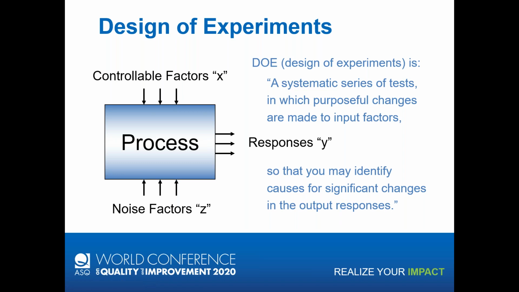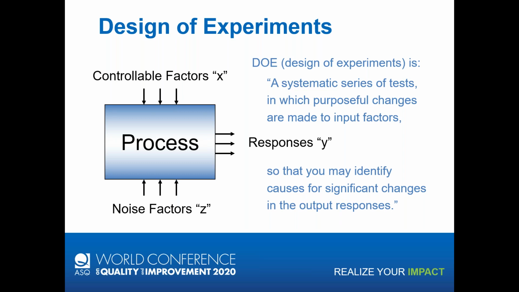It's a very systematic and statistically determined series of tests where we are trying to build a relationship through a polynomial model between the controllable factors and the measurable responses. The factors have to be controllable for the purposes of the experiment. They don't have to be long-term controllable, but they at least have to be short-term controllable so you can get the experiment done well and in a consistent manner.